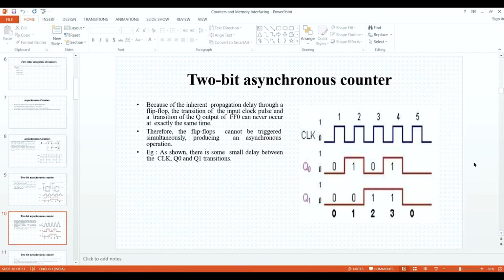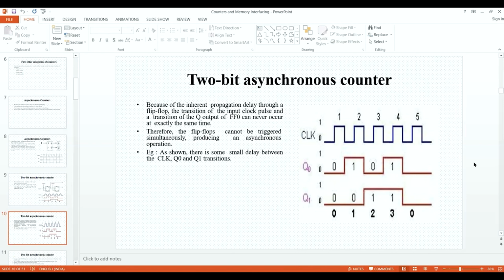Right? Now again, 2-bit asynchronous counter. I already discussed, if you remember, students, the propagation delay. When I'm talking about propagation delay, it is the difference between input and output. So you can see the propagation delay should be very minimum, that is desired.